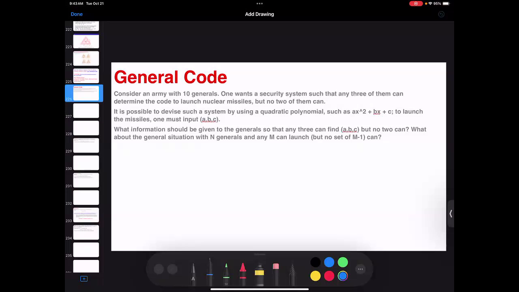What could you give them? A, B, and C. So try giving each general a subset of A, B, C. So is it possible one general gets all 3?